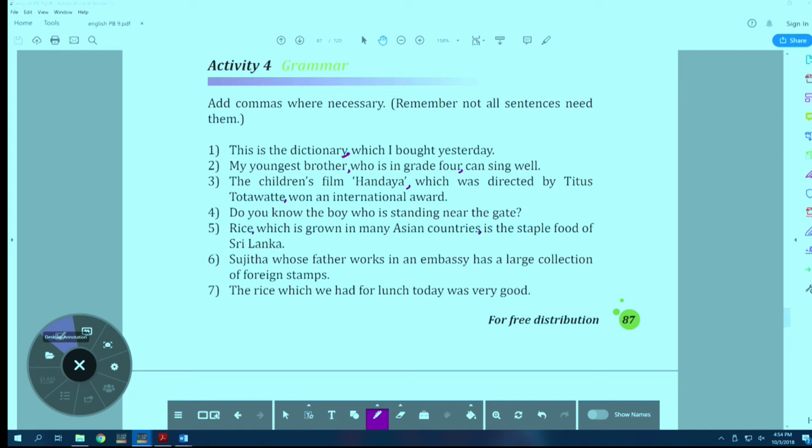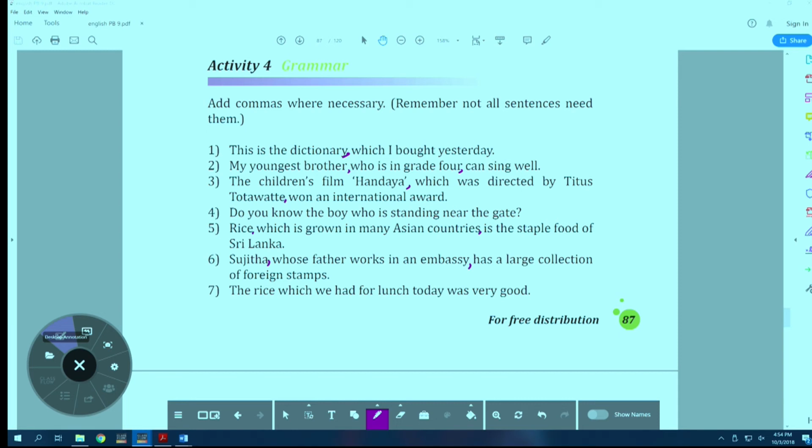Sixth one, Sujita, whose father works in an embassy, has a large collection of foreign stamps.